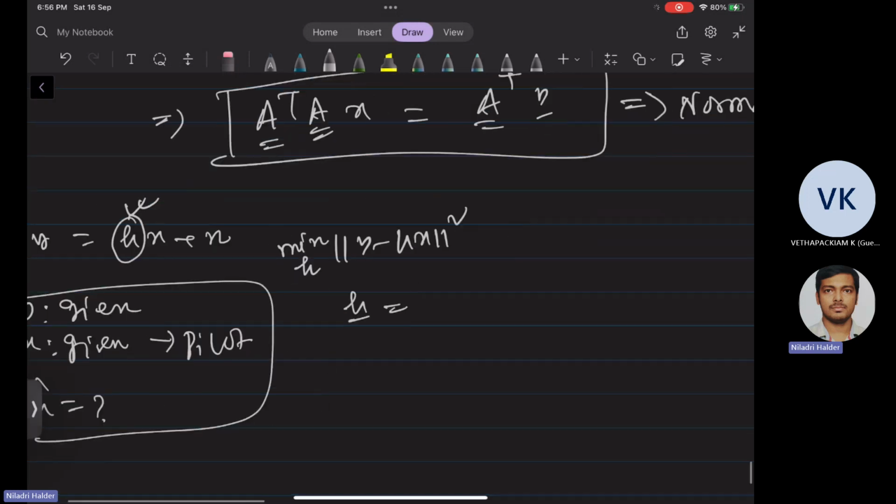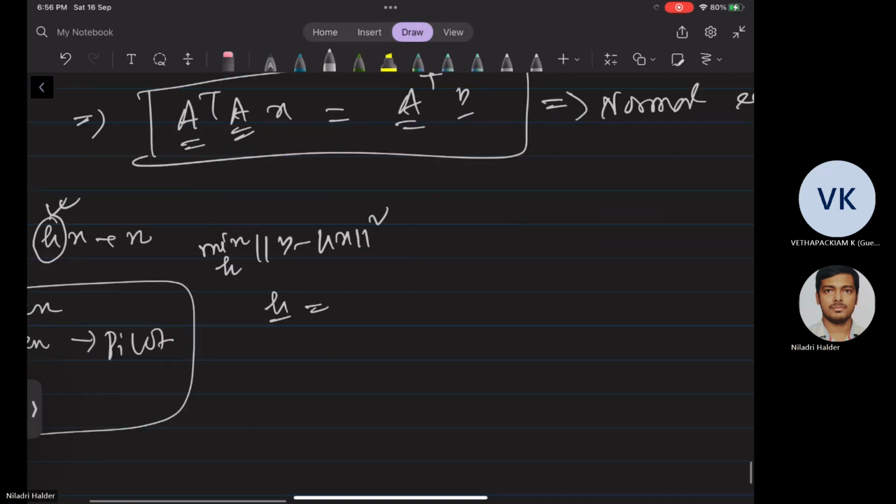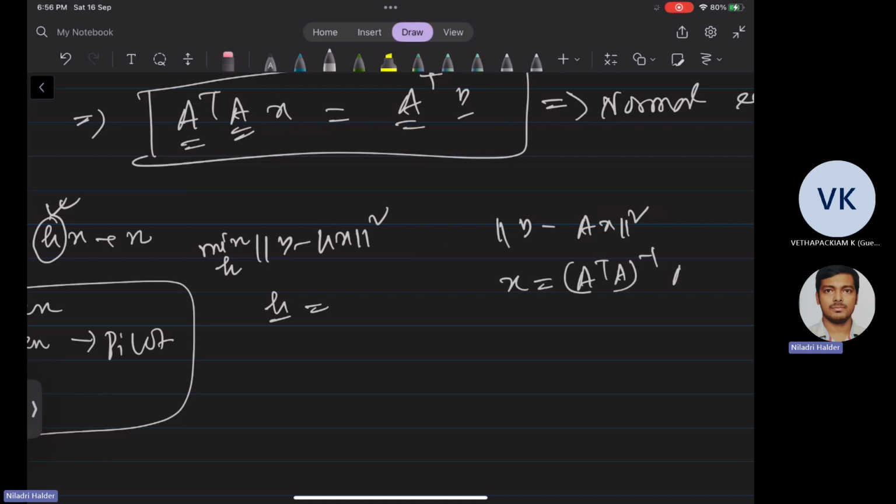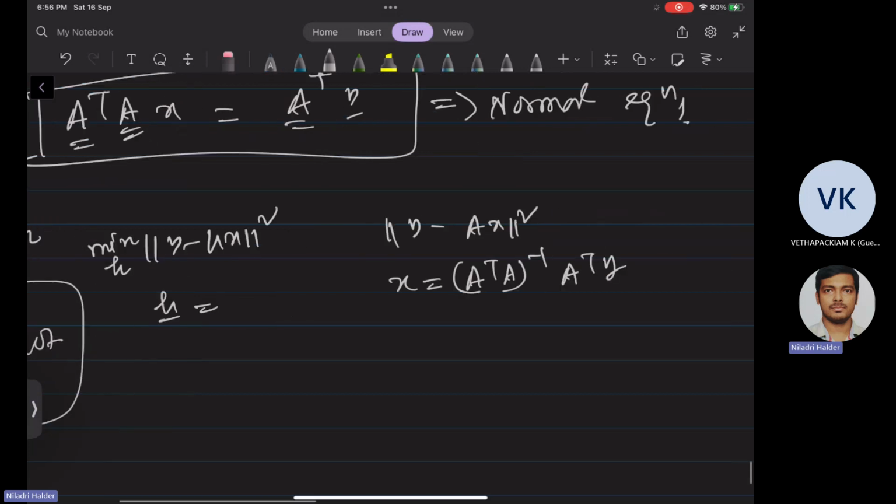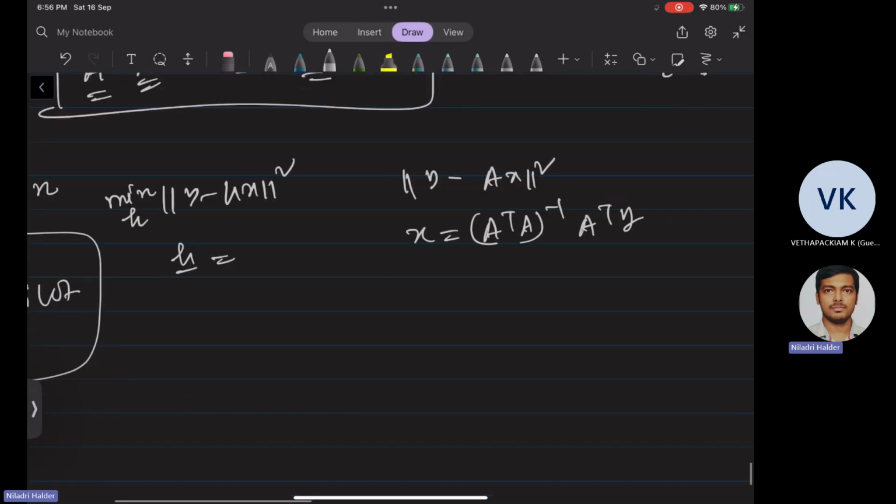H will be, for the case of Y minus AX, that case, X was (A transpose A) inverse A transpose Y. Here this A is becoming X actually.